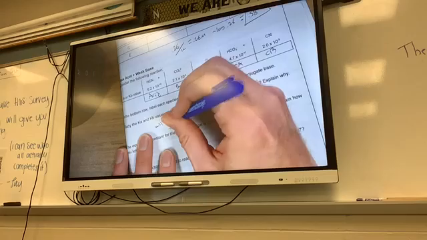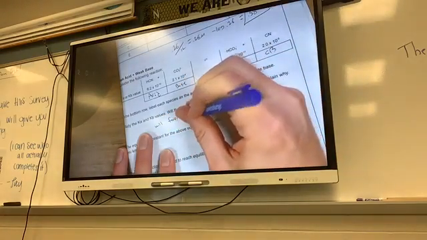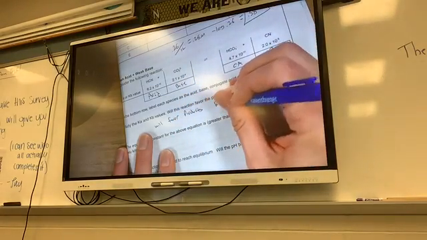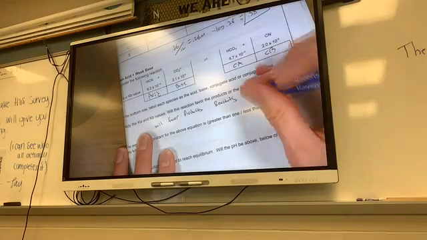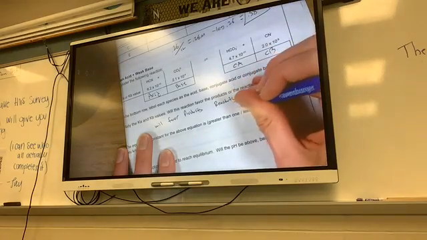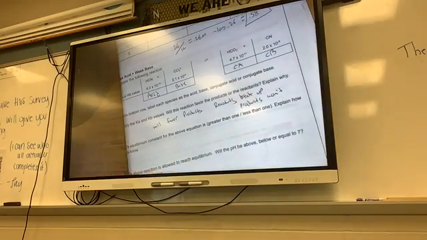This will favor the products. Why? The reactants will break up. Products won't. Because we know the higher the Ka, the more it will break up.